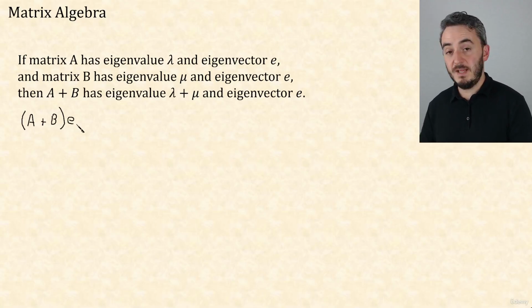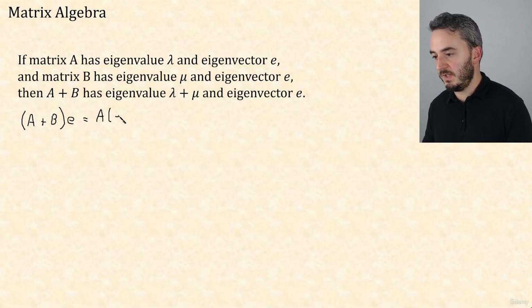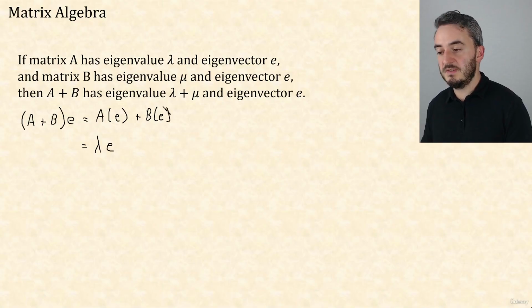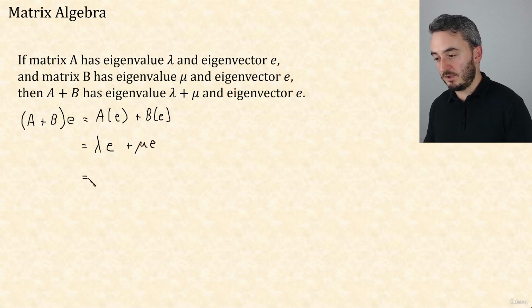So if we were to take the matrix A plus B and apply it to this vector E, which we know is an eigenvector of A and B, and we expand this, we get A of E plus B of E. But since E is an eigenvector of A with eigenvalue lambda, A of E is lambda E. And since E is an eigenvector of B and mu is the corresponding eigenvalue, B of E is the same as mu E. Factorizing out E, we get lambda plus mu times E. What does this tell me?